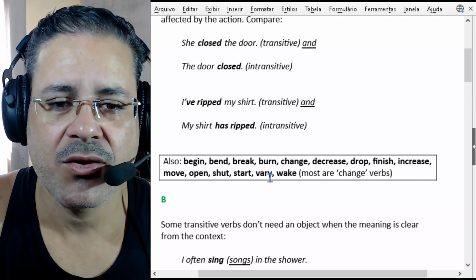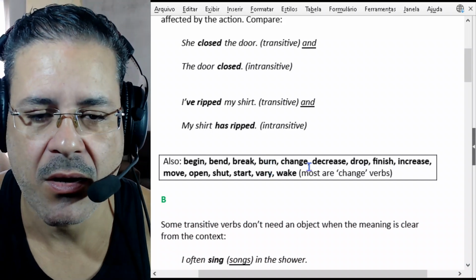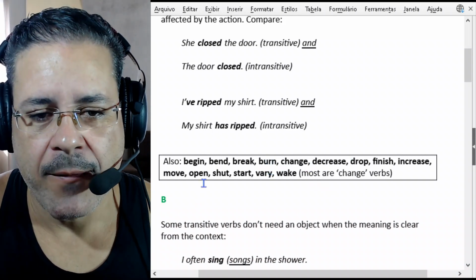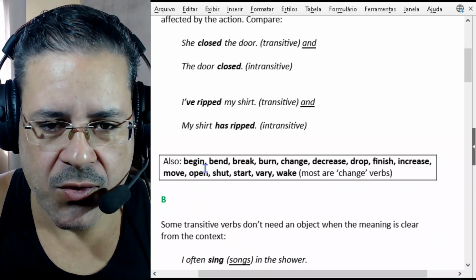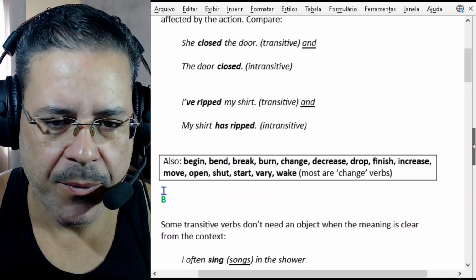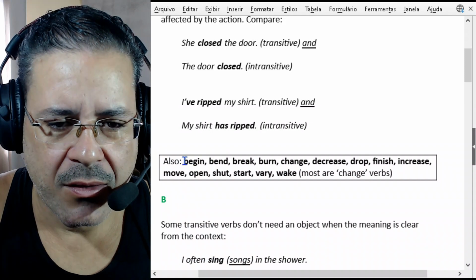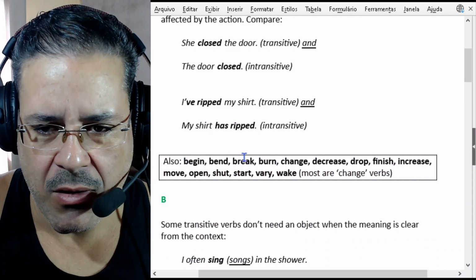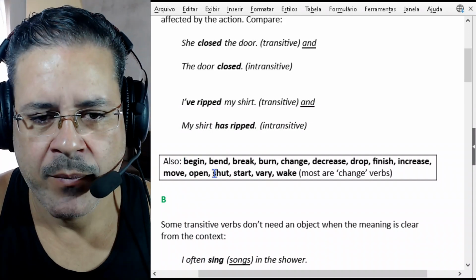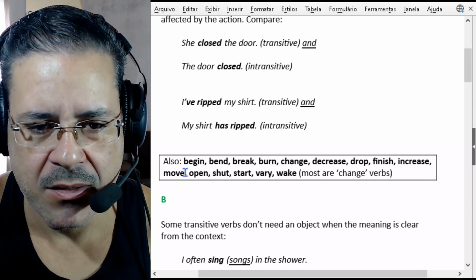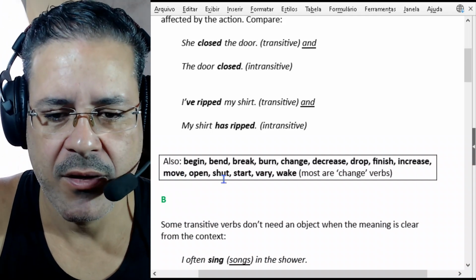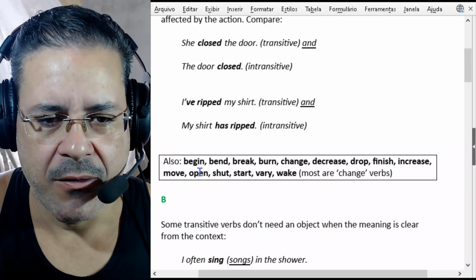You should put them into a context. But anyway, also, we're learning pronunciation, so I'm just gonna read the verbs so you can know how they might be pronounced.